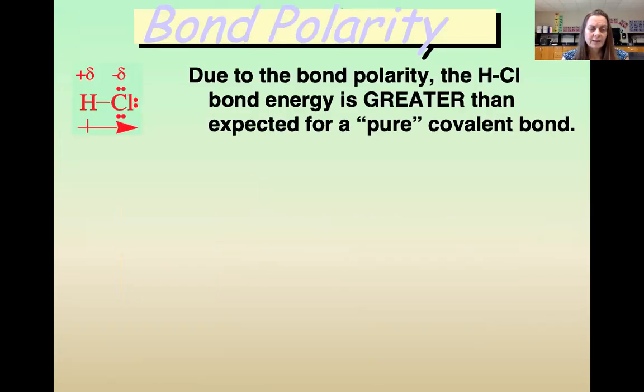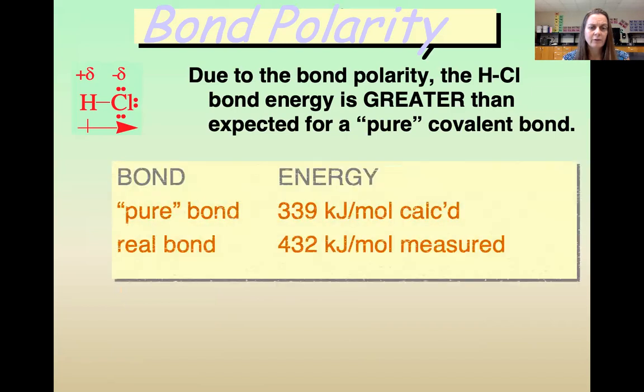Now, one of the interesting things about polar bonds is that they are actually stronger than nonpolar covalent bonds. If we were just going to predict the amount of energy that was released when this bond formed, we would predict based on Coulomb's Law, 339 kilojoules per mole.